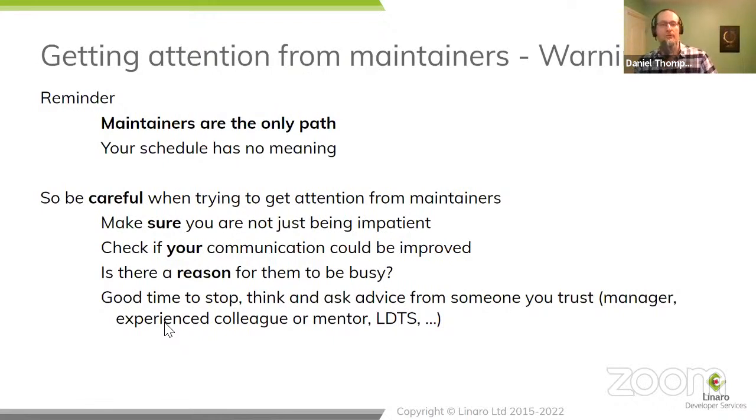If you're being ignored, first thing you have to be sure that you're not just being impatient. And as I alluded to in the checklist at the beginning, look to see if your communication can be improved. And then look at things like the kernel release cycle and any other information that is out there in the public domain as a reason for which they might be busy.